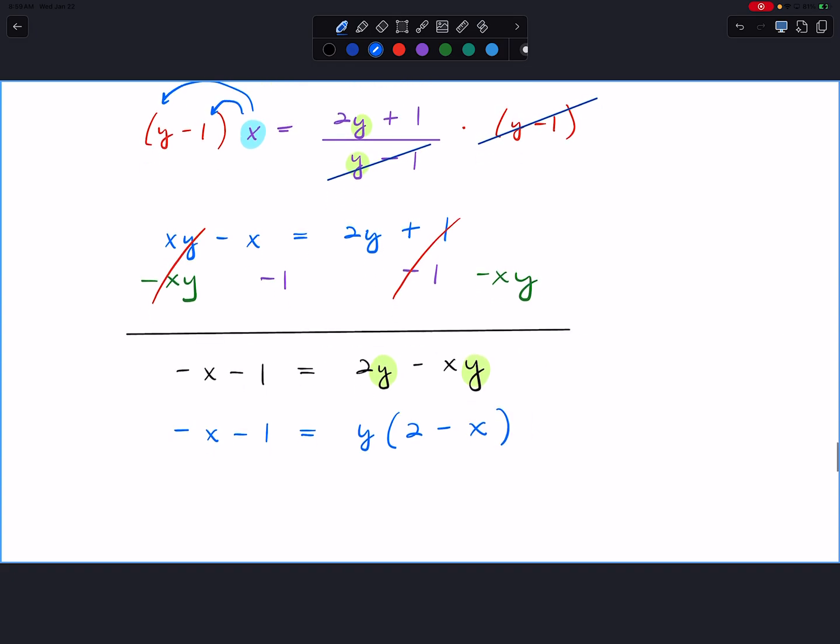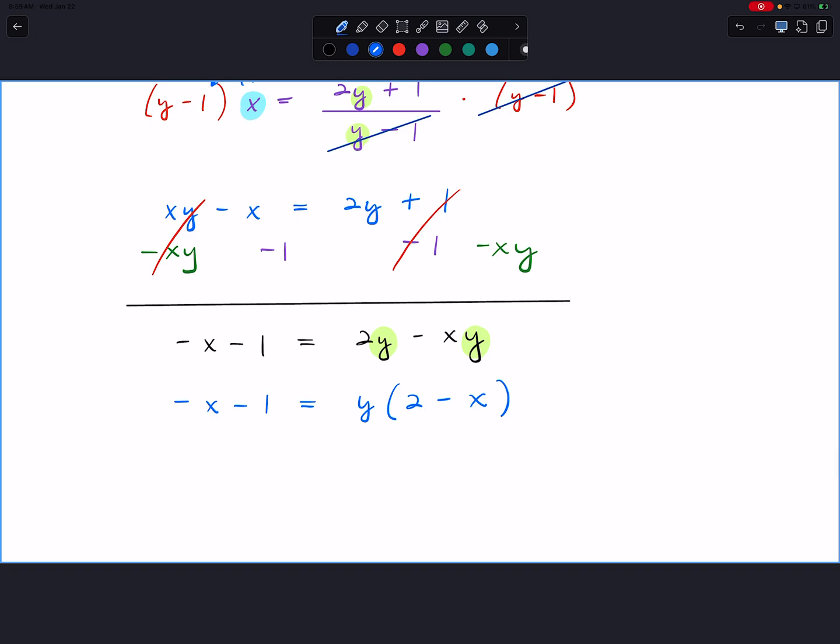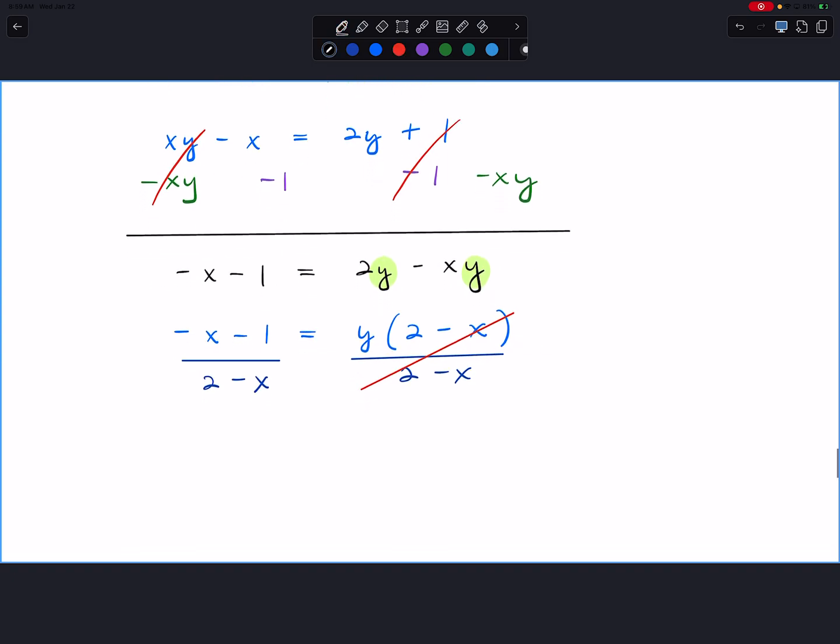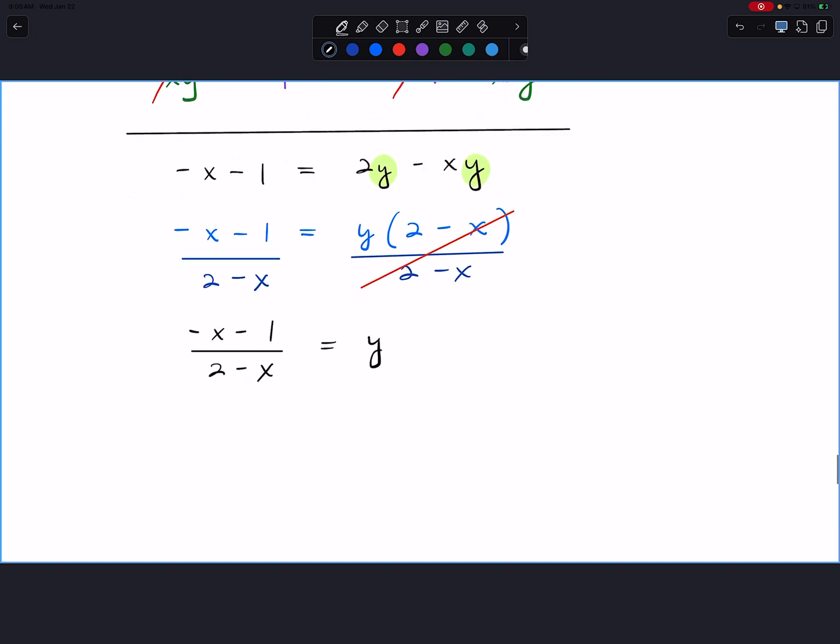And then, good, Alex, we're going to divide both sides by 2 minus x. This cancels. So we get y equals negative x minus 1 divided by 2 minus x, which means that f inverse of x is equal to negative x minus 1 all over 2 minus x.